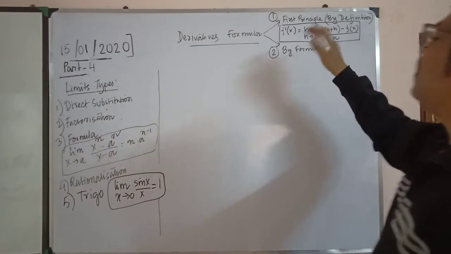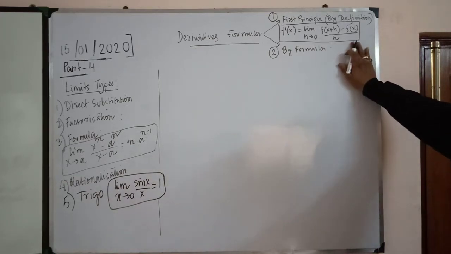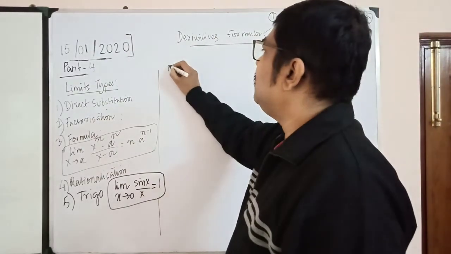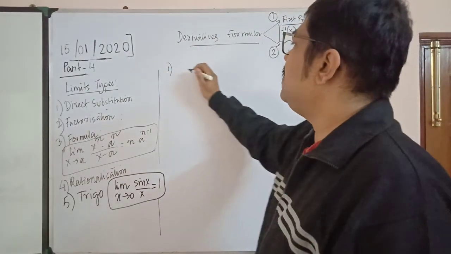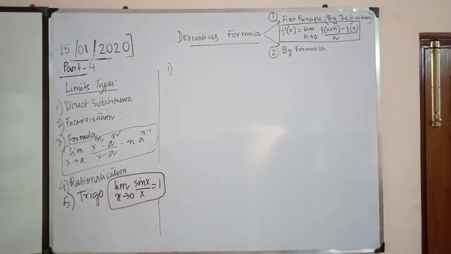So I am going to write down the formulas which are commonly used in class 11. First principle is the only one where we will do some sums and you will get to know this. By formula, we see a few algebraic formulas, and a few trigo formulas and log formulas are also there in our syllabus.